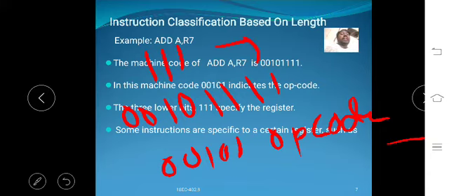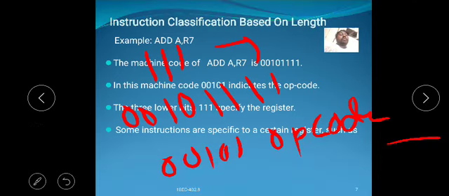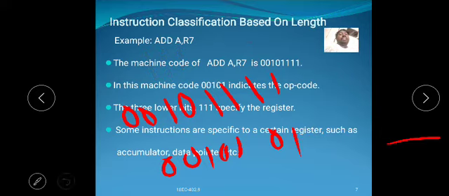Some instructions are specific to certain registers, such as the accumulator or the data pointer.